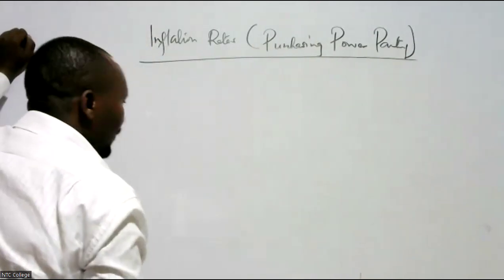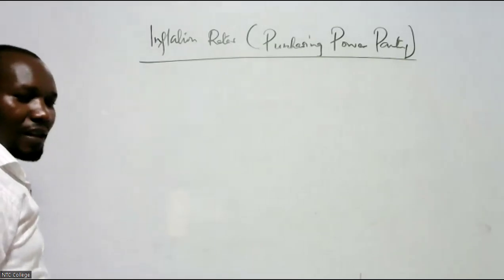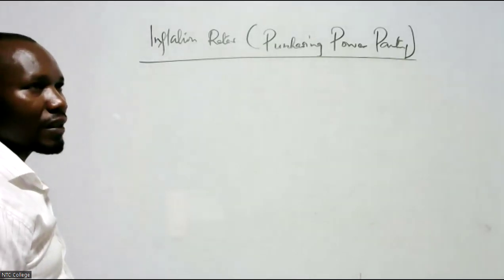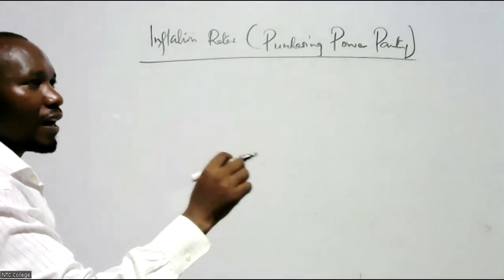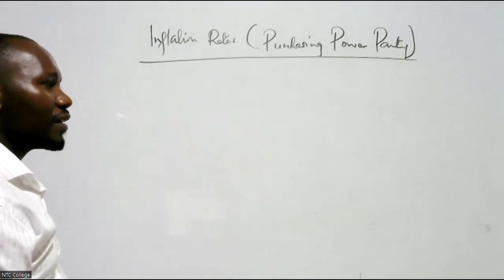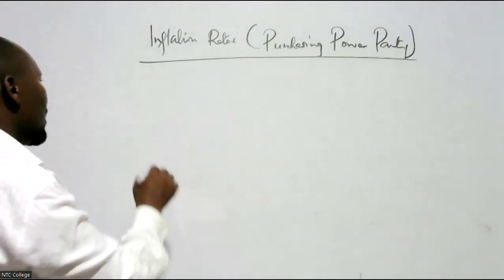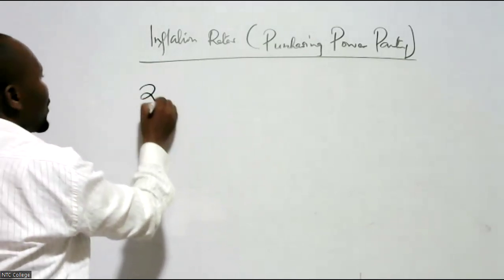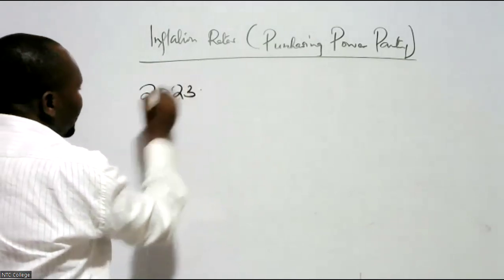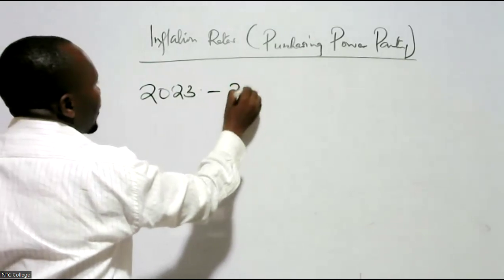So today, let's say that the exchange rate between Kenya and Tanzania and Uganda is 20 shillings. This one is 2023. Our exchange rate is 20 shillings.